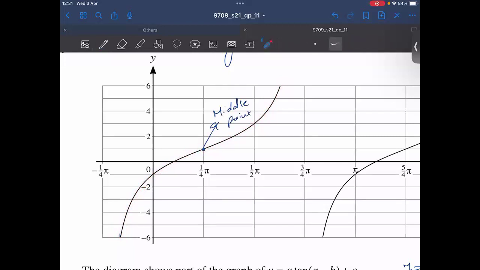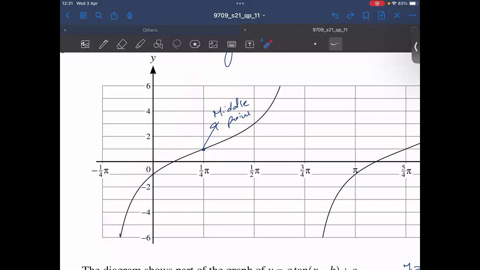Just like for the graph of y equals tan x. Have a look at this. This is the origin point where the graph is changing direction. The curve of y equals tan x changes direction at the origin. All right.